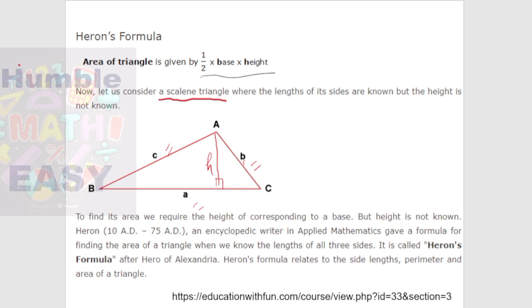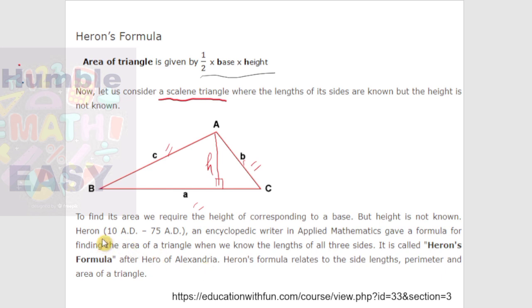Now, how do we cater to this? To find the area, we require the height corresponding to the base. But since the height is not known, Heron discovered a formula to find the area of a triangle.